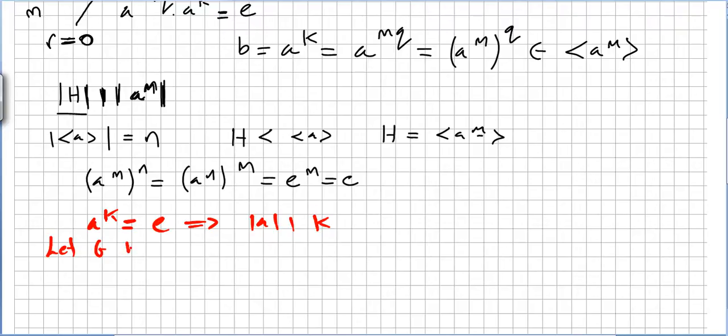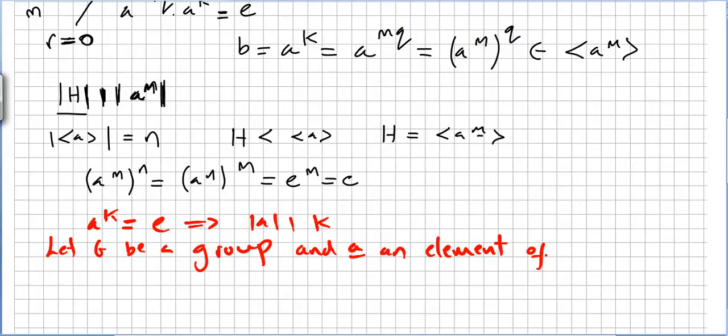Let G be a group and a an element of G, and this element will be of order n.